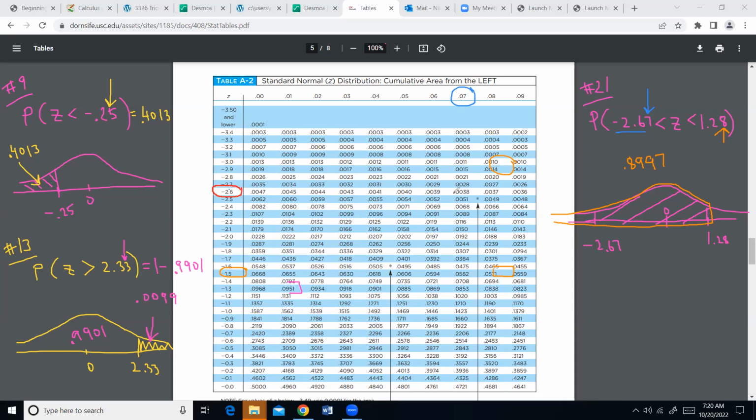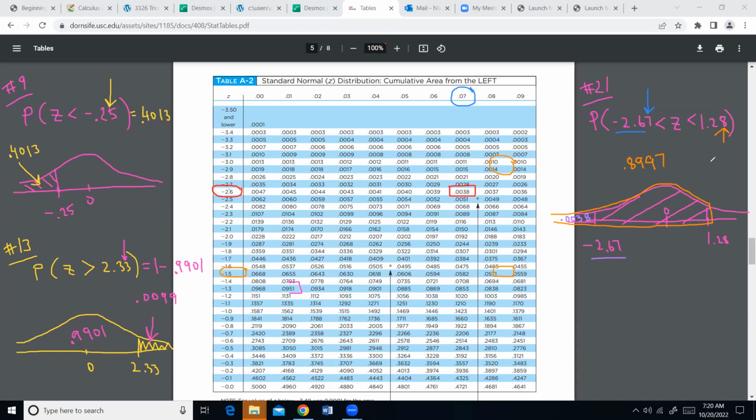And on the intersection with a column that has 0.07 above, I get the area, and this area be 0.0038, right? 38. This is area to the left from my negative 2.67.